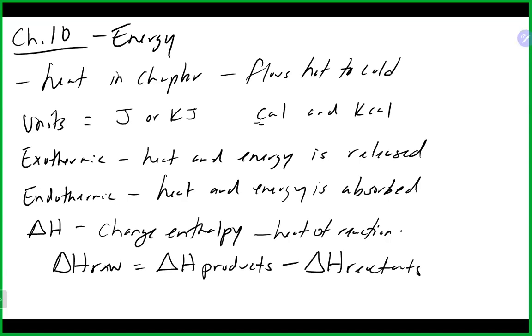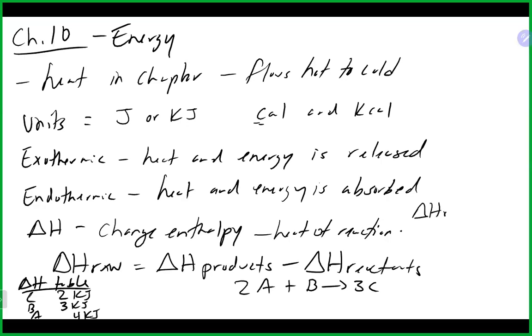And so, for example, if you had just this equation here, 2A plus B goes to 3C, you could go to the delta H table and look up the values of C, B, and A. We'll just do 2 kilojoules, 3 kilojoules, and 4 kilojoules. And if you were going to calculate the delta H for this reaction, it would be our products first.